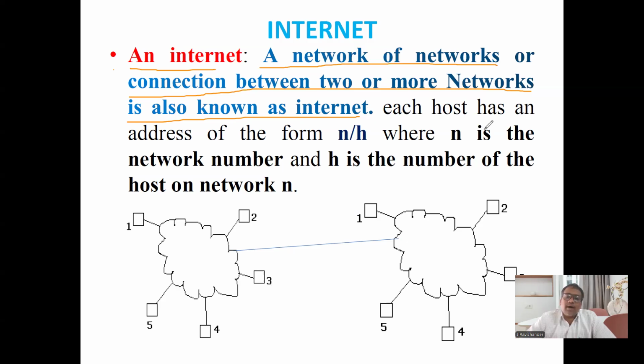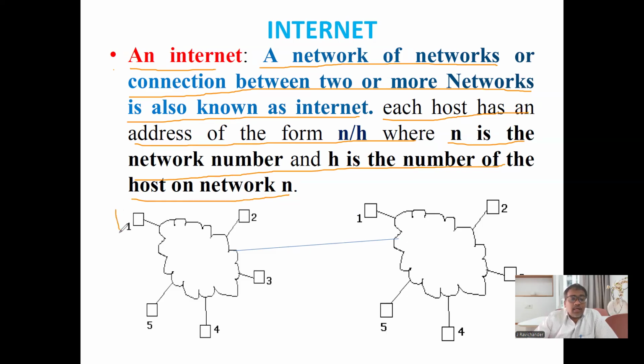Each host has an address of the form N.H, where N is the network number, H is the number of hosts on the network. So if you look at this diagram, this is one network, network number 1, N1.